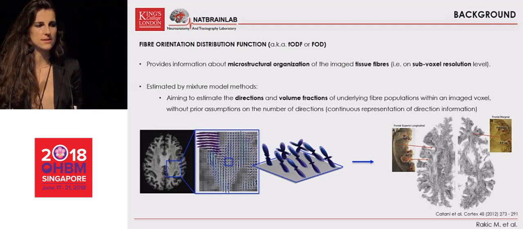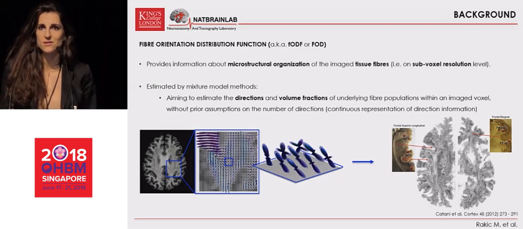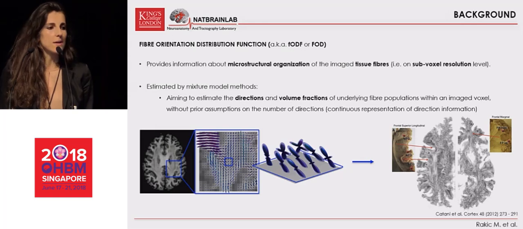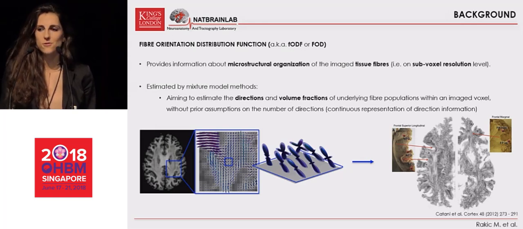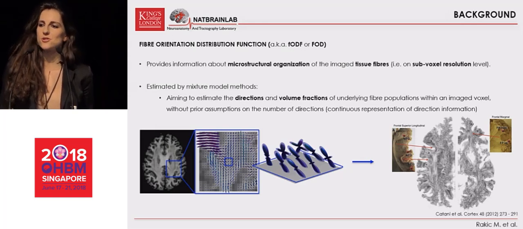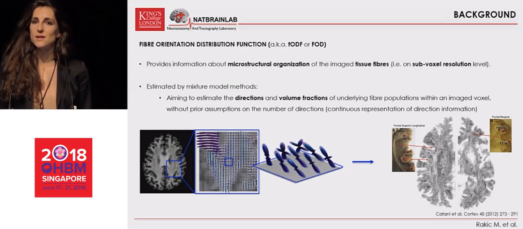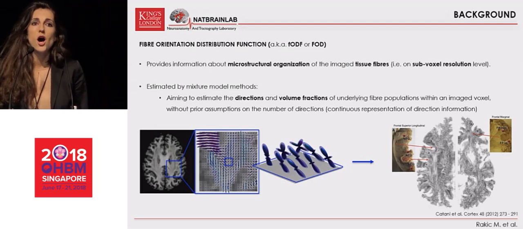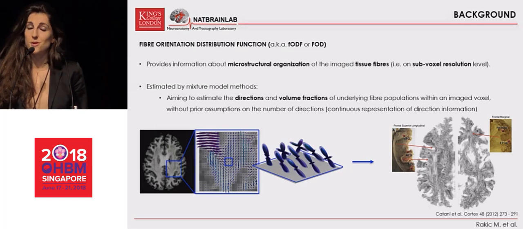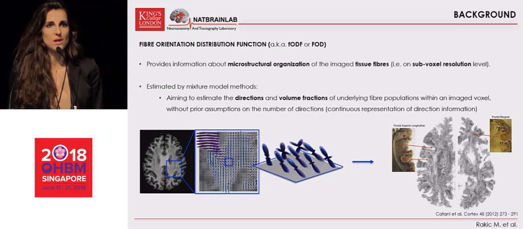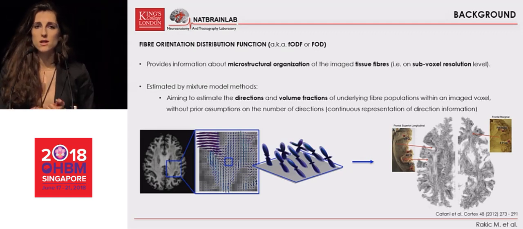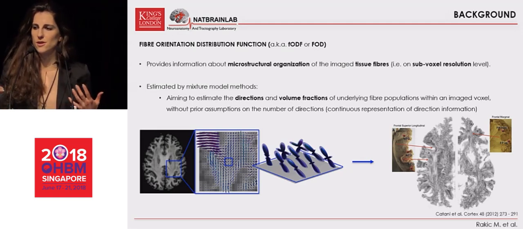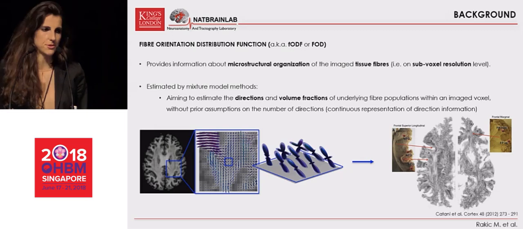They're basically extracted from diffusion-weighted MRI signal, and they provide information about the microstructural organization of the imaged tissue fibers. So it's on a subvoxel resolution level, and this opens up the opportunity to track the fiber streamlines using the so-called tractography algorithms.